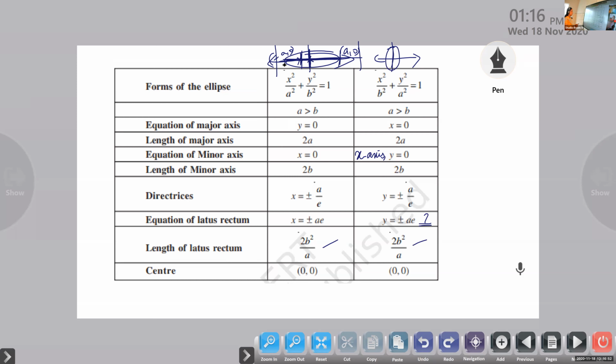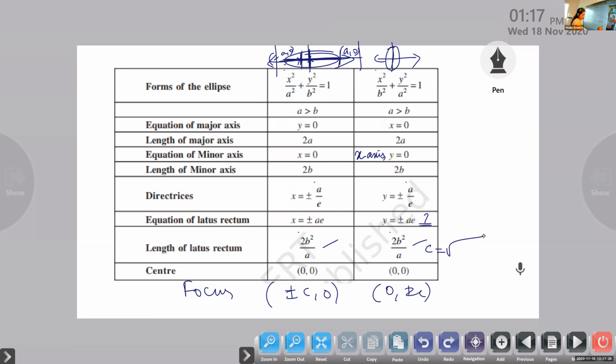One more point you have to write: focus. Focus is plus or minus c comma 0 here, and here it is 0 comma plus or minus c. One second children, what is c?